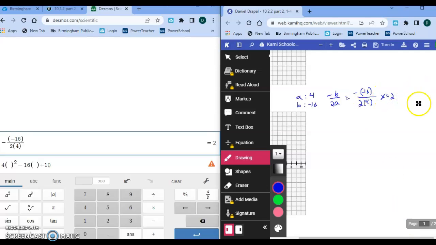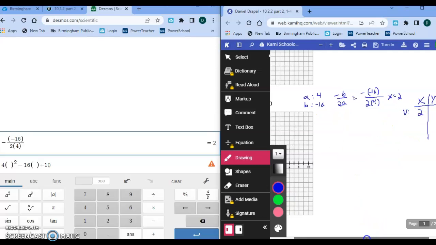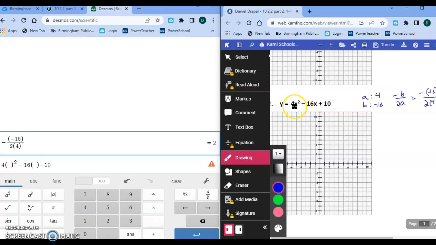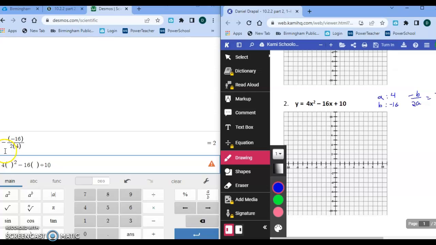So my x value of the vertex is 2. I'm going to do my xy chart. I know this is my vertex. I'm going to label that with a V. And 2 is my x value of that. I just need to know the y value now. So to get the y value, you're putting that 2 that you just solved for in for these x's. I've already preloaded the equation, so I'm just going to type in 2 there. Yep, put in 2 for these. 2 and 2.